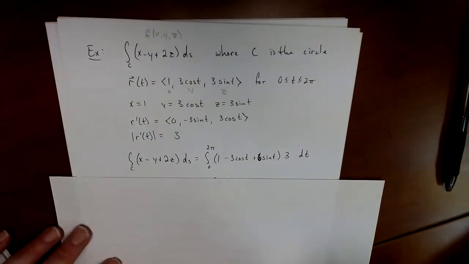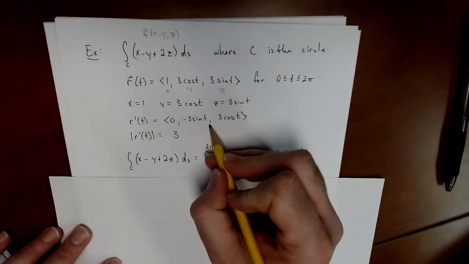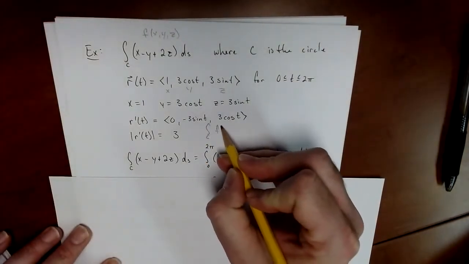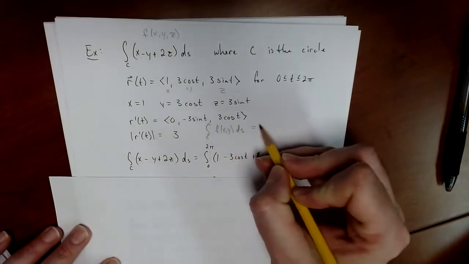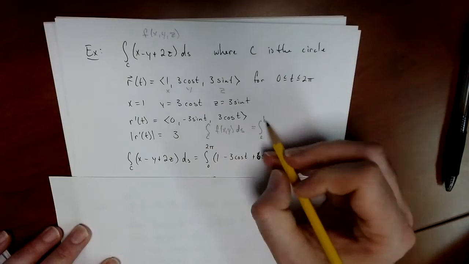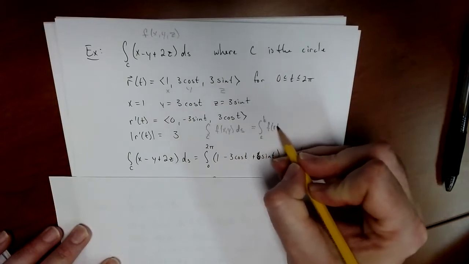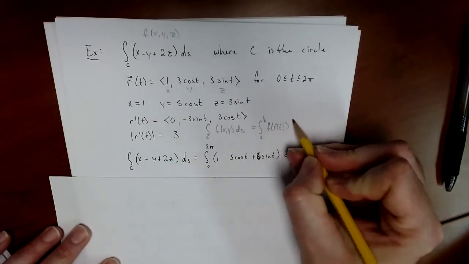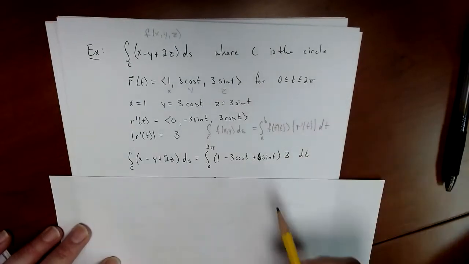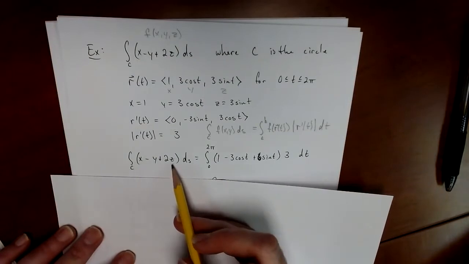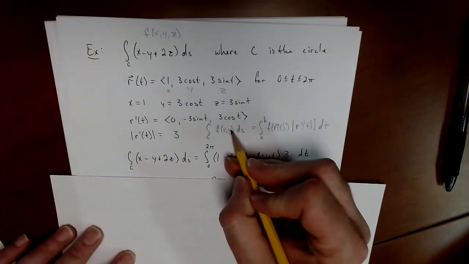So now the integral over C of f of x and y ds is equal to the integral from a to b of f with r of t plugged in times the magnitude of r prime of t dt. So here's my f of x, y, and I guess z in this case.